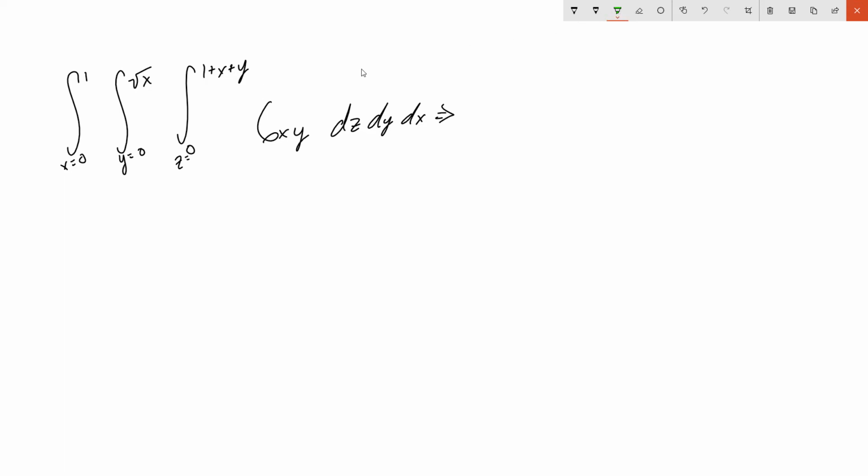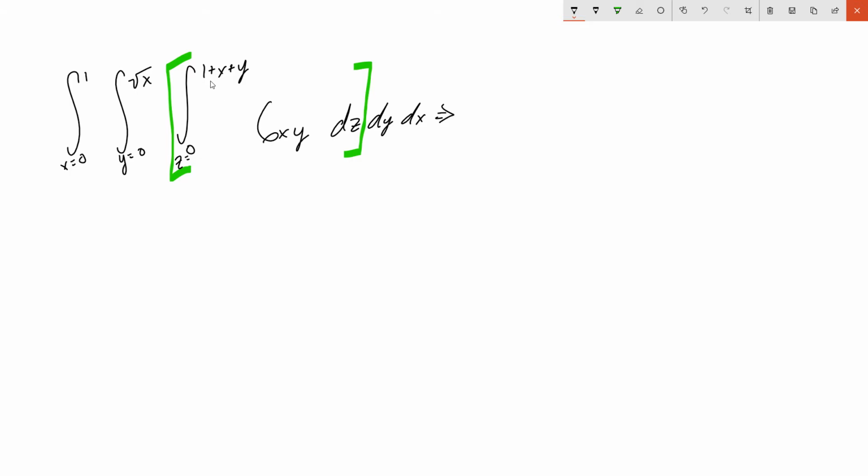Alright, so let's get this highlighter going again, and again, I'm just going to look at this as one integral at a time. Just make this nice and easy. So what we're going to end up with by evaluating this, well, again, we're integrating with respect to z, but there's no z in this equation.